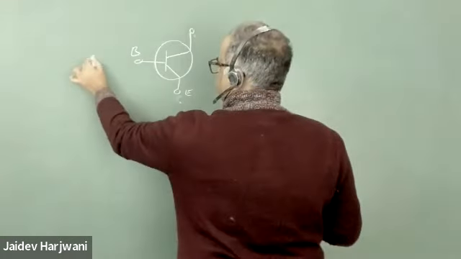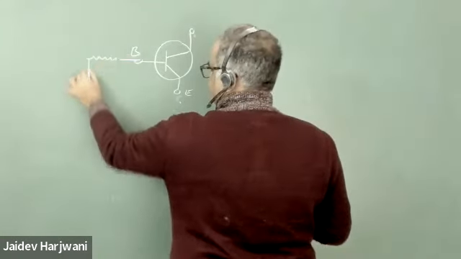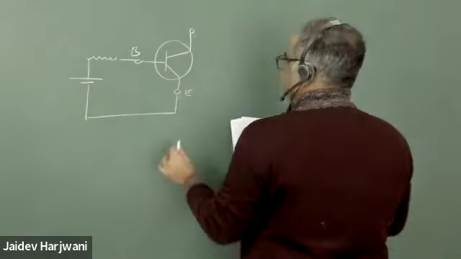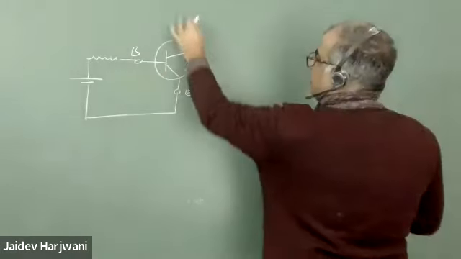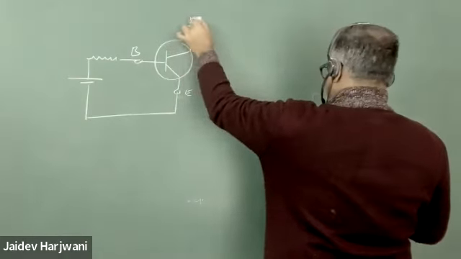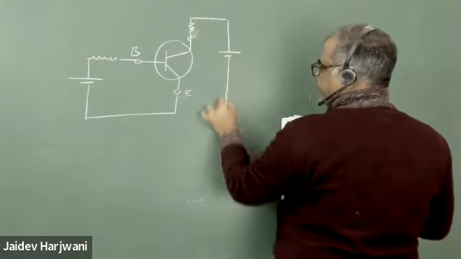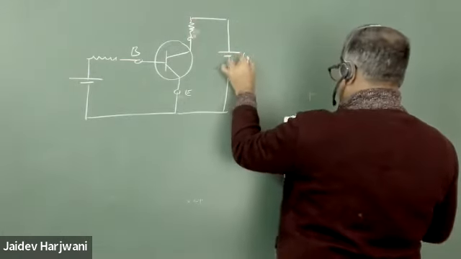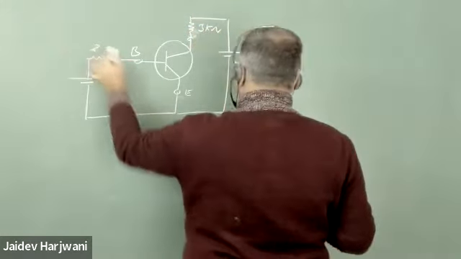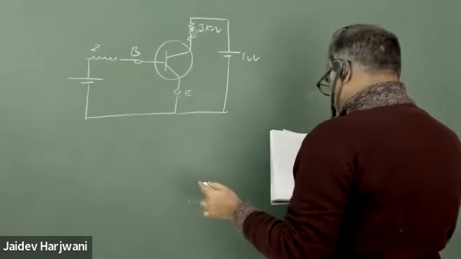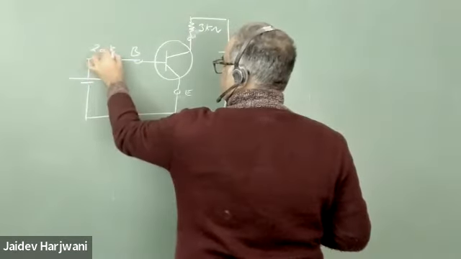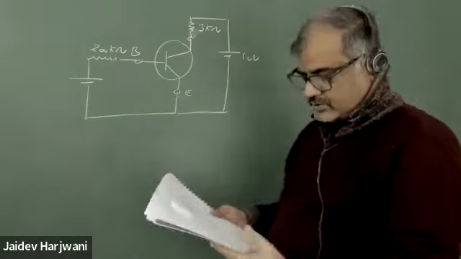Here I have a resistance, and I have one more resistance here. Here we have a 10 volt battery. This resistance is 3 kilo ohm and this resistance is 200 kilo ohm. So I'm giving these values.